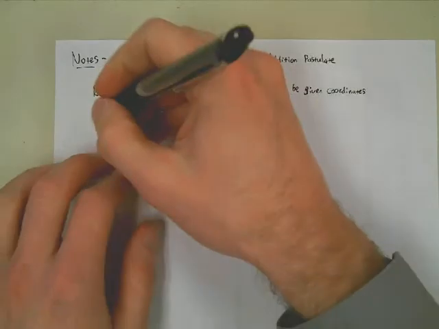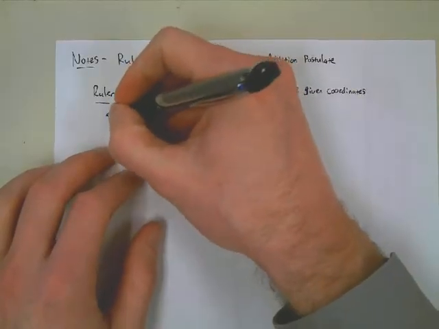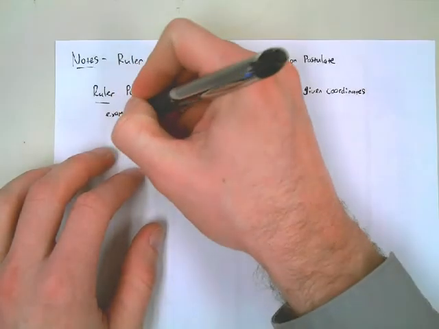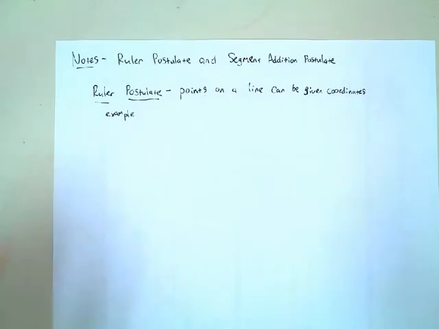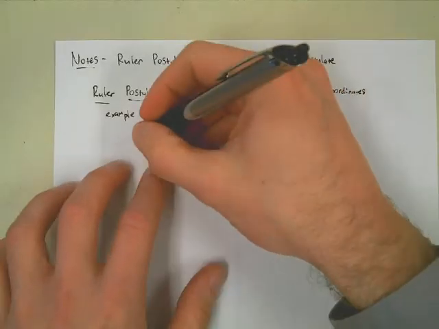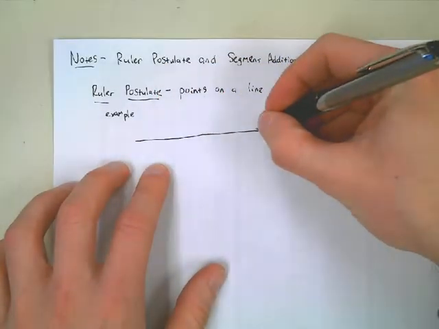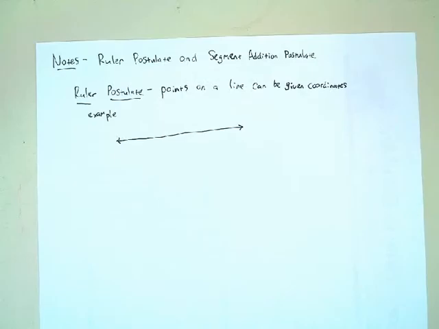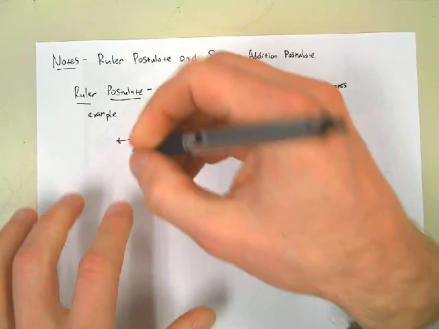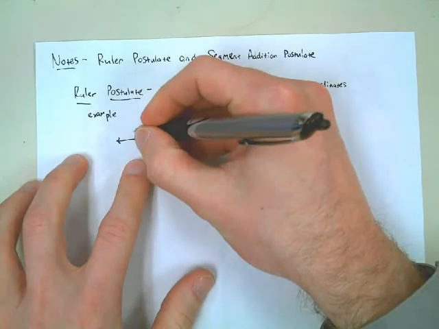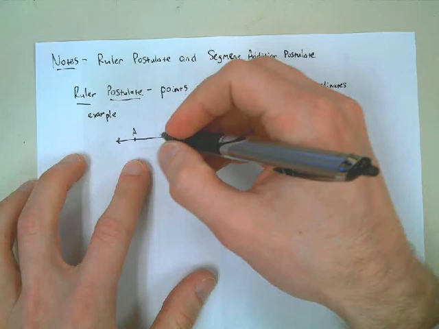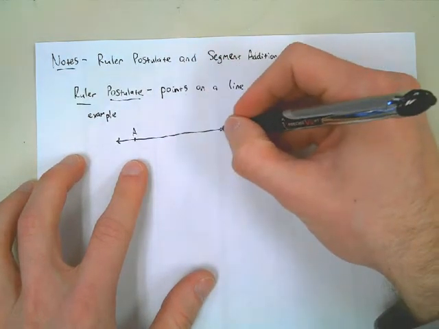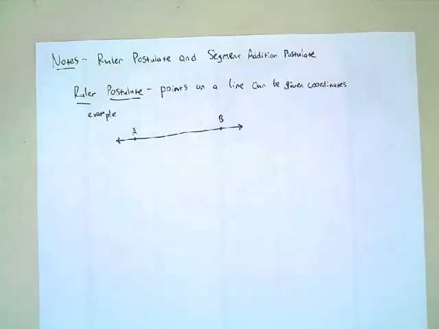So as an example, we can also look at an example in more abstract terms. If I draw, for example, a line here, and I put some points on here. So that's point A there. We'll put point B over here.